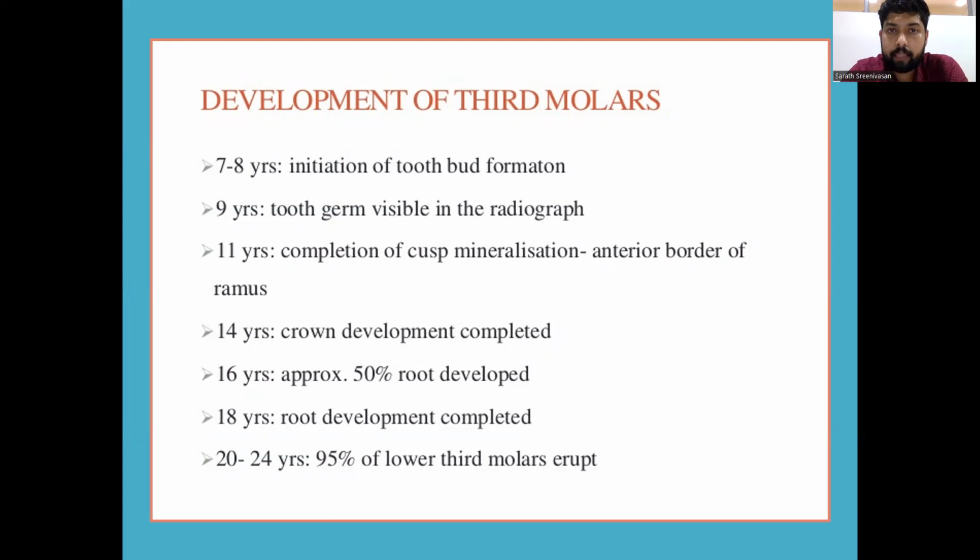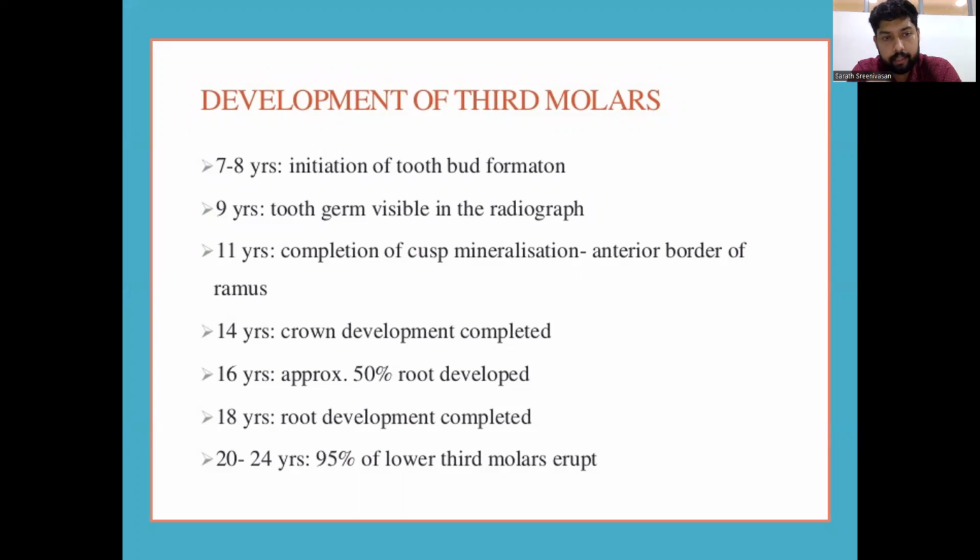Development of third molars. Usually around 7 to 8 years, there is initiation of tooth bud formation. Around 9 years, the tooth germ is visible in the radiograph. In 11 years, there is completion of cusp mineralization at the anterior border of the ramus.